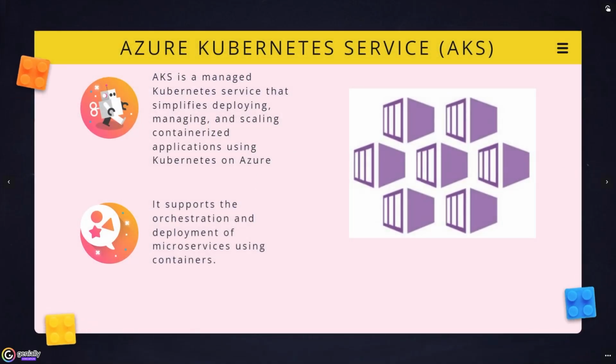So, Azure Kubernetes Service is a managed Kubernetes service that simplifies deploying, managing, and scaling containerized applications using Kubernetes on Azure. It supports the orchestration and deployment of microservices using containers.